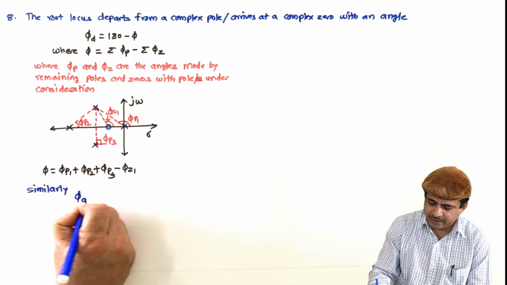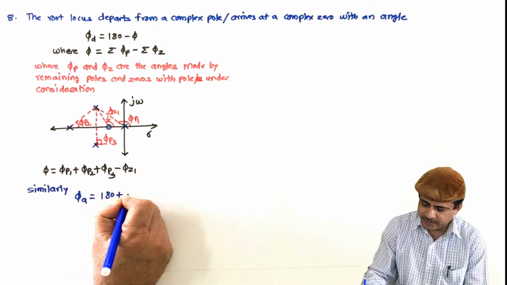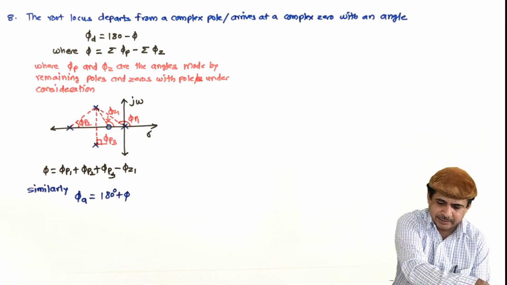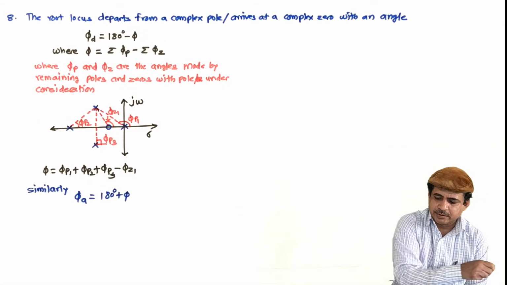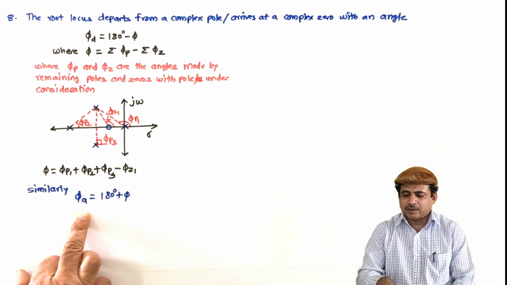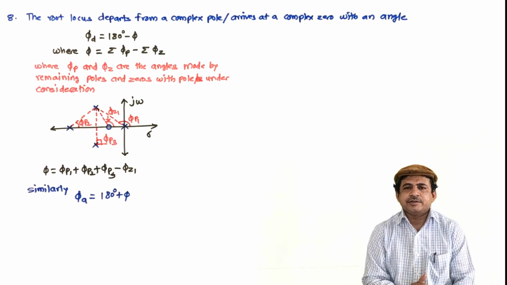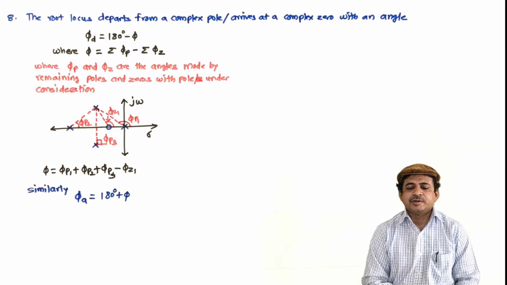Similarly, angle of arrival phi a is given by 180 degrees plus phi. Everything is in degrees, so here I will mark degrees. After obtaining phi a, the root locus will arrive at that point with angle phi a.